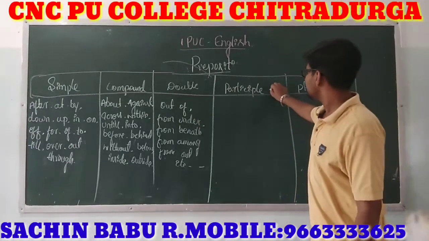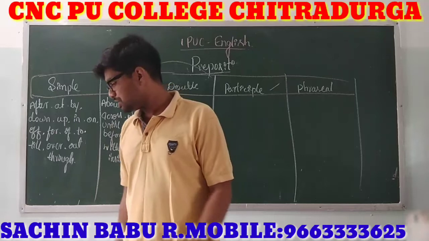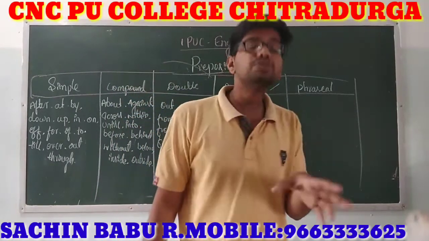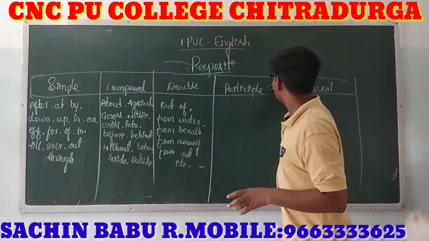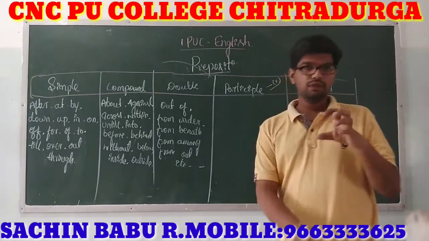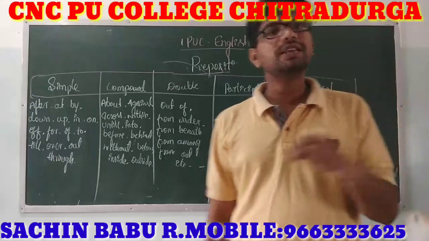And the next thing is the participle preposition. Participle prepositions are verbs, but they are used as prepositions. Participle means V3, the verb category. These are verbs, but we are using them as prepositions in this context.